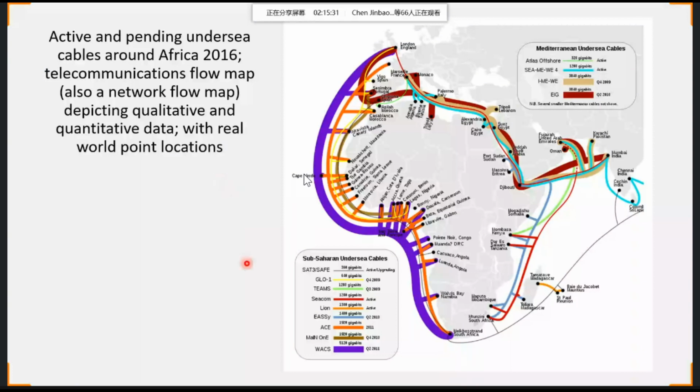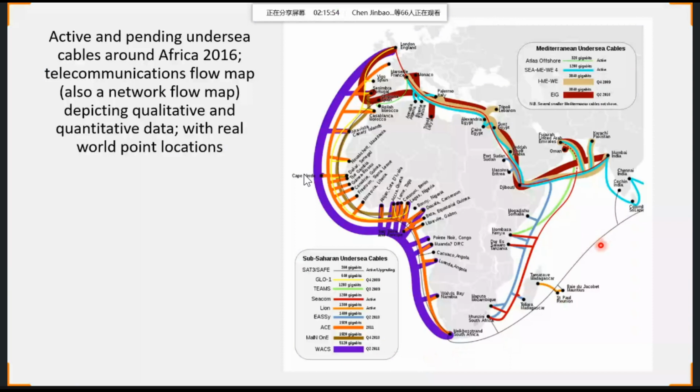You see here the different undersea cables, and the width of the line tells us something about the bandwidth for the connections, so how many gigabits can get through these cables.